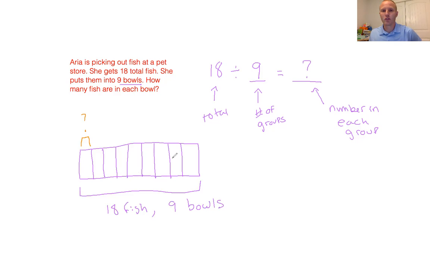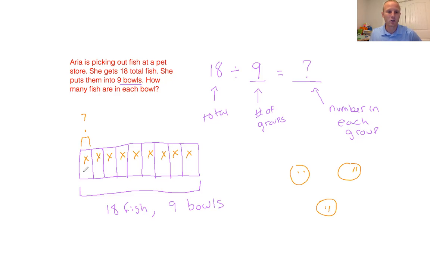So I'm going to approach this, at least for now, like how I did back when we had groups like this, and I would go 1, 2, 3, 4, 5, 6. Like I'd give things out until I ran out of them to make equal groups. So I'm going to do that here. 1, 2, 3, 4, 5, 6, 7, 8, 9. So I've given 1 to every bowl.